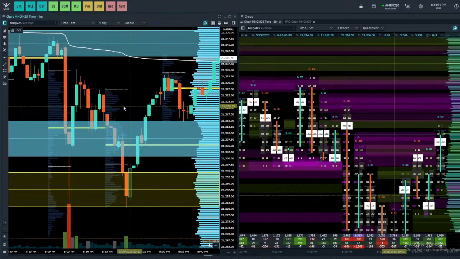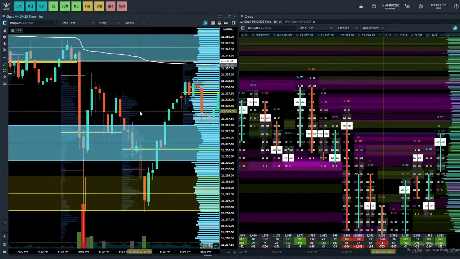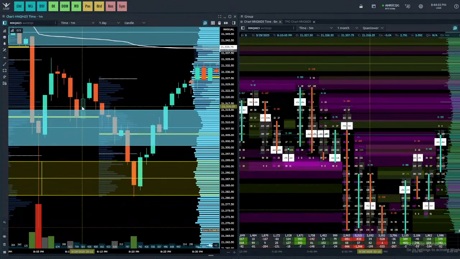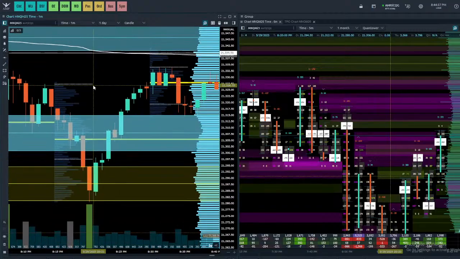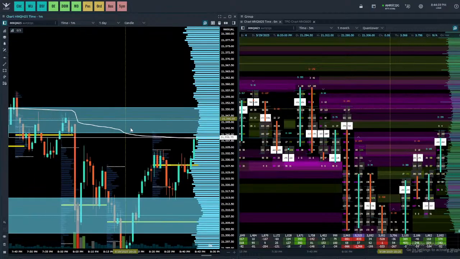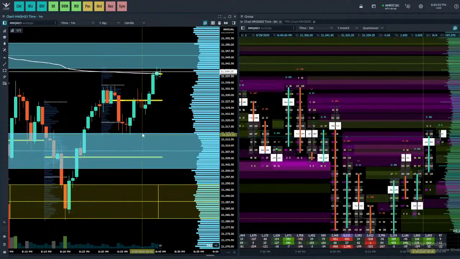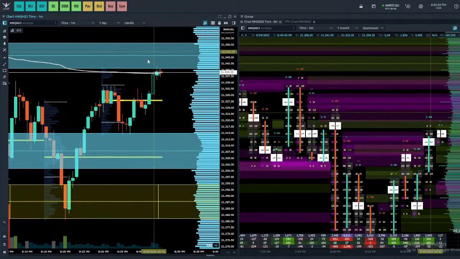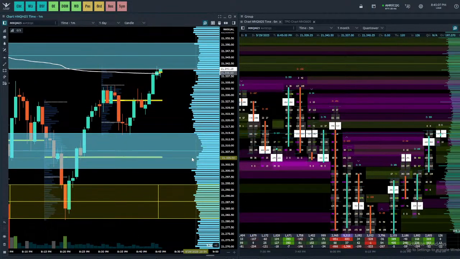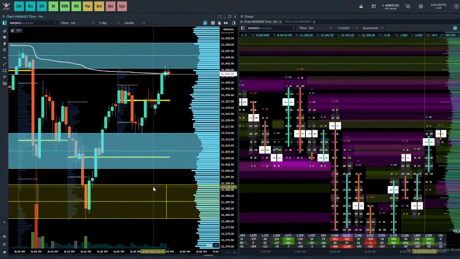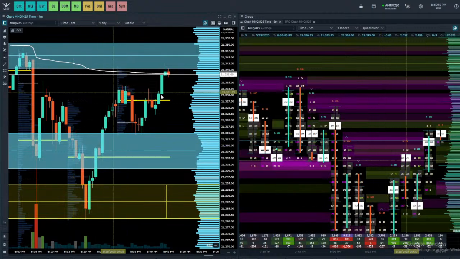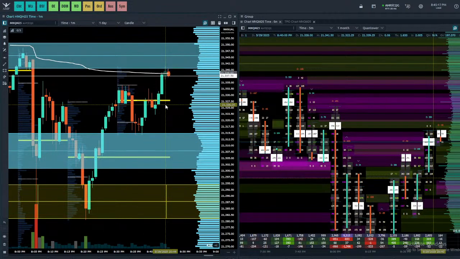That's what it would have been here. I would have wanted to go in on here because then we turn that supply, we turn that demand zone basically into resistance, or you could say resistance into support, however you want to think about it.